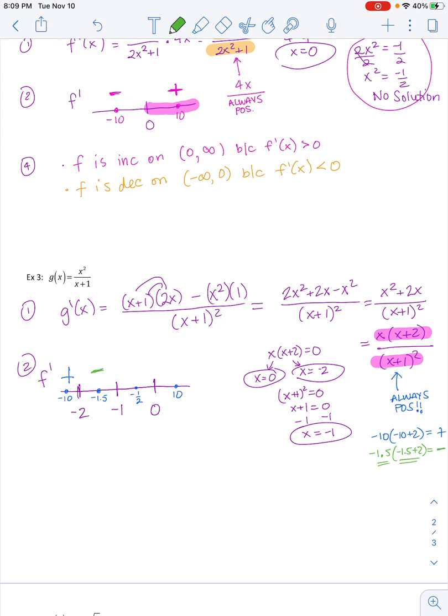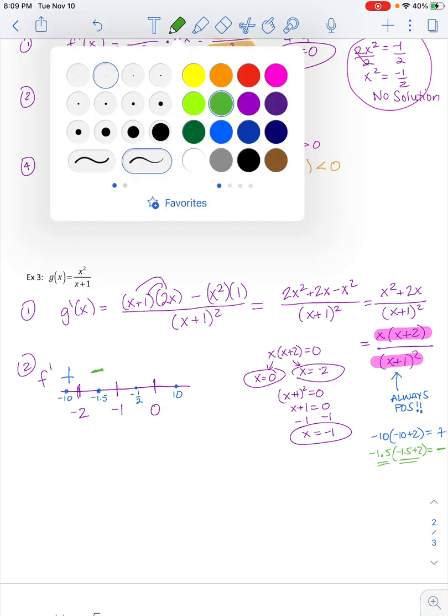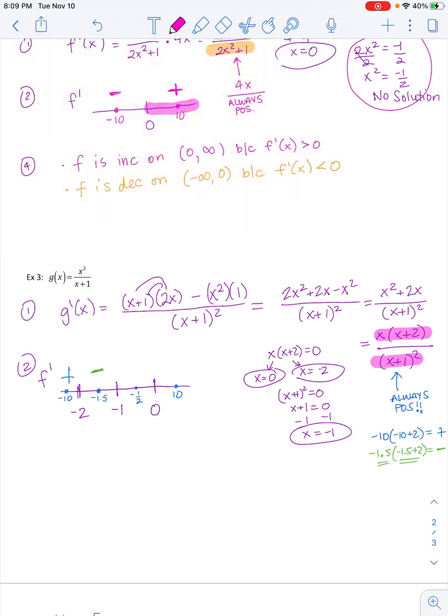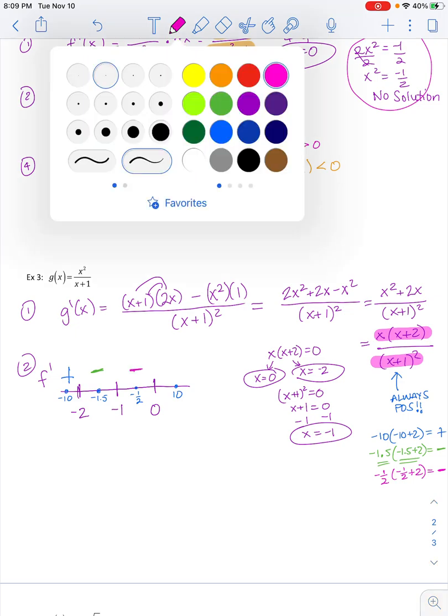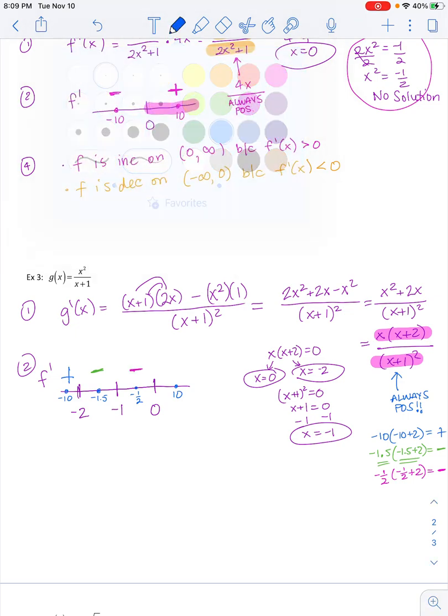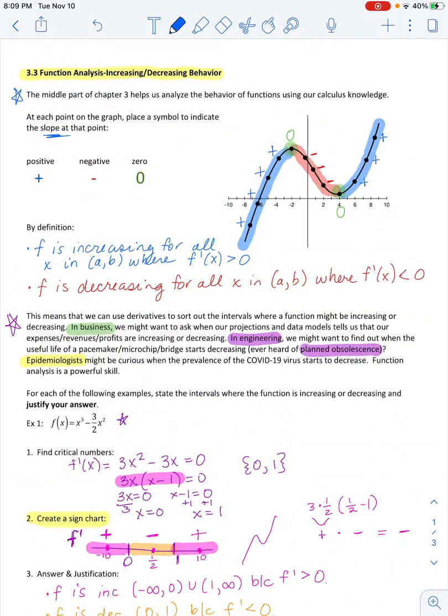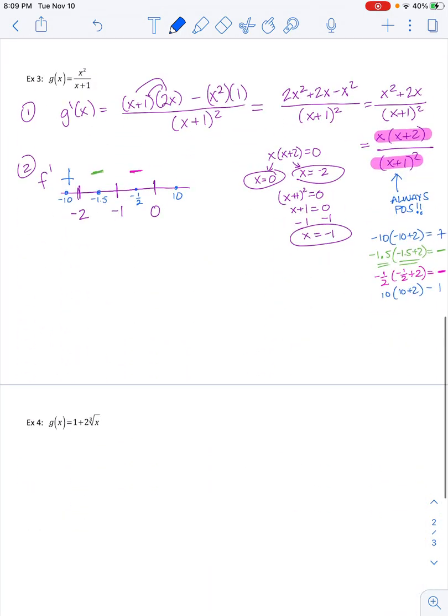Then negative 1/2 times negative 1/2 plus 2. That's a negative times a positive, so also a negative. Back-to-back negatives. That makes it interesting. And then when I plug in positive 10, I have a positive times a positive, which gives me more positive.